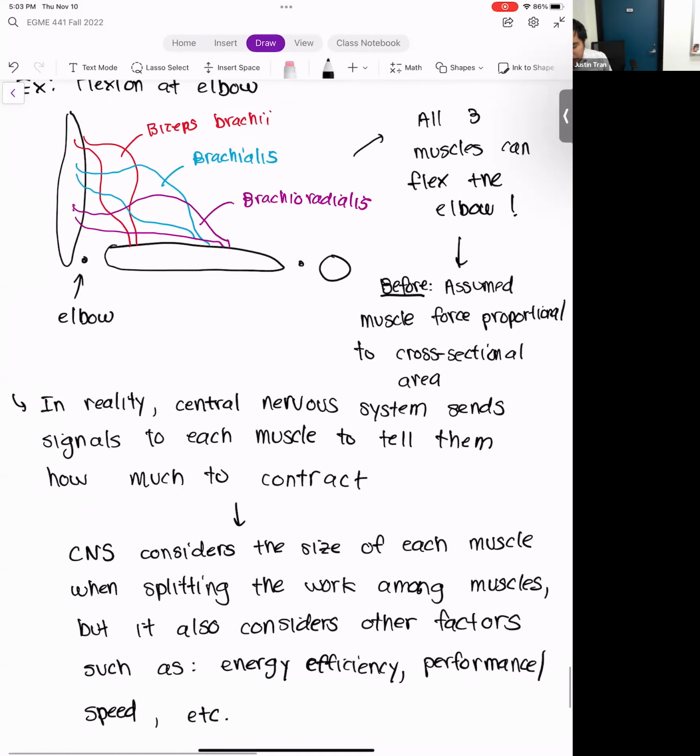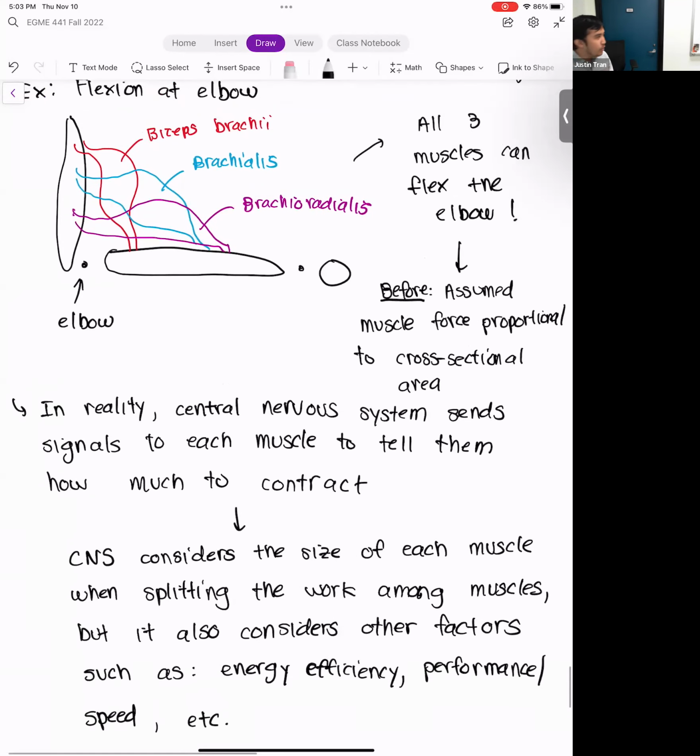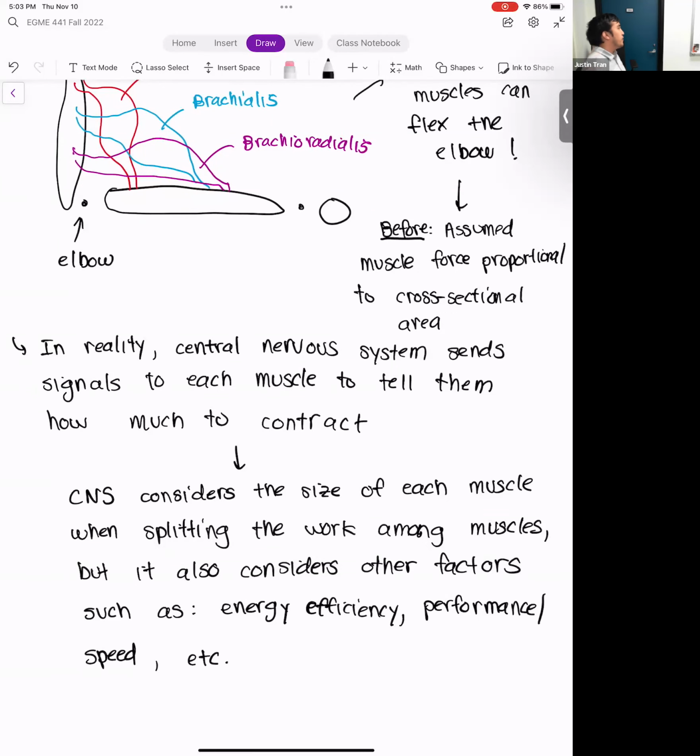And so this kind of begs the question. So very quickly we've gotten to a very complex situation where we want to determine how much force each muscle is exerting in a given motion. But there's a ton of things that we have to consider. We have to consider, first of all, the performance of each muscle, the size. We didn't even talk about fast twitch, slow twitch.